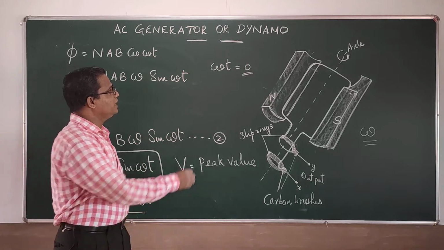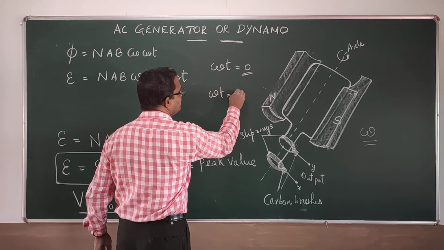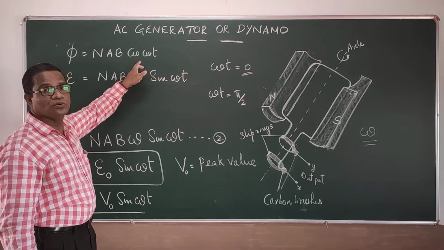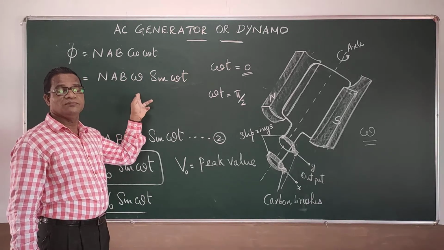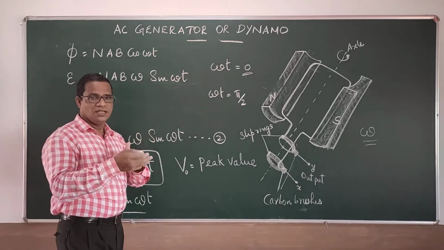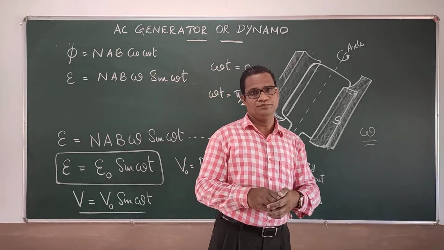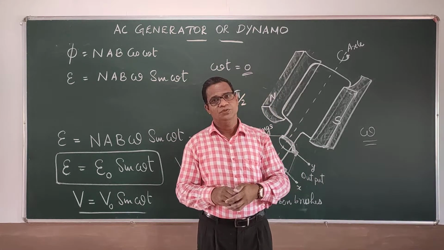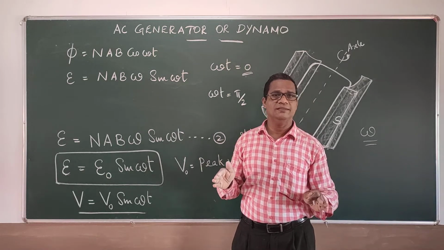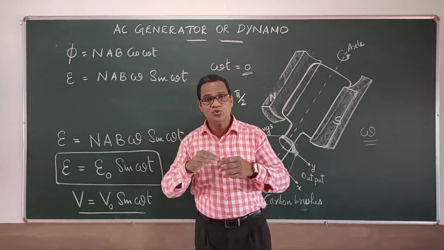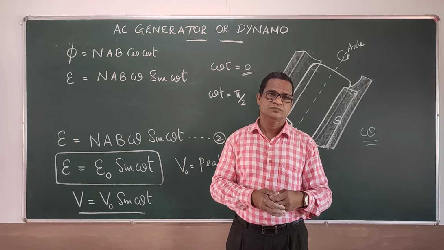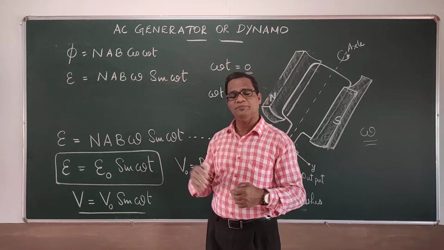And if omega t equals pi by 2, flux becomes 0, but induced EMF becomes maximum. So there is a lag between the two. Don't think that when the flux is 0, there is no induction. No, it is not like that. Induced EMF is due to the change of flux, and that is why this is happening.